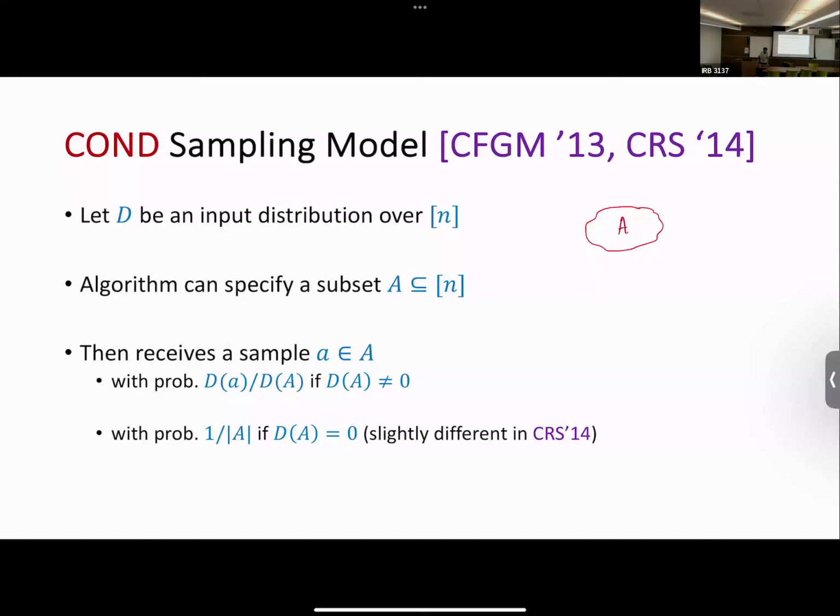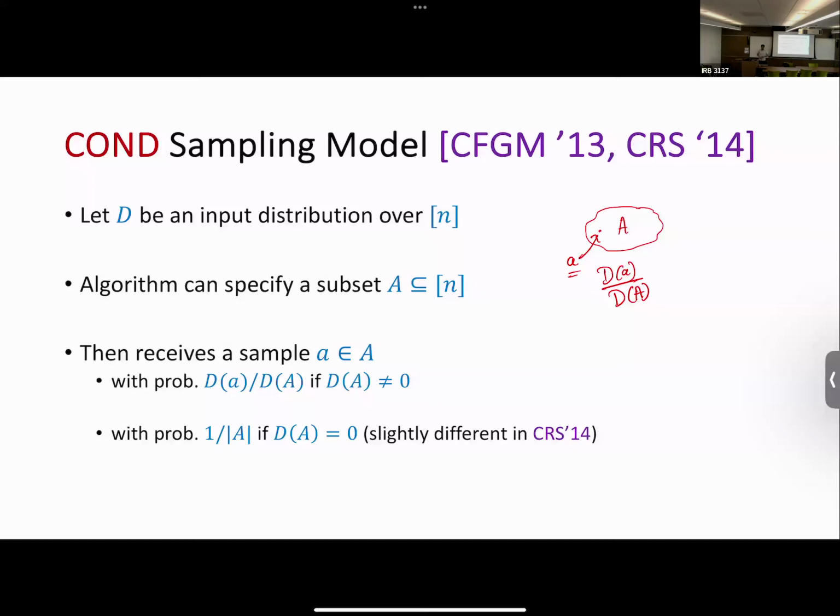The oracle will return some element A from this particular set, with the corresponding conditional probability. So the probability of returning this A will be dA divided by d of this subset.